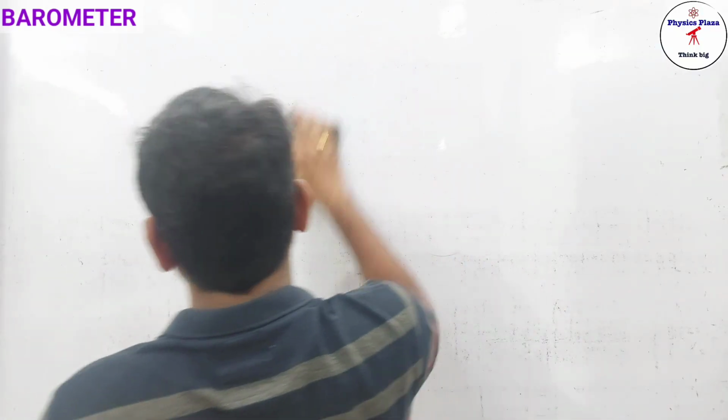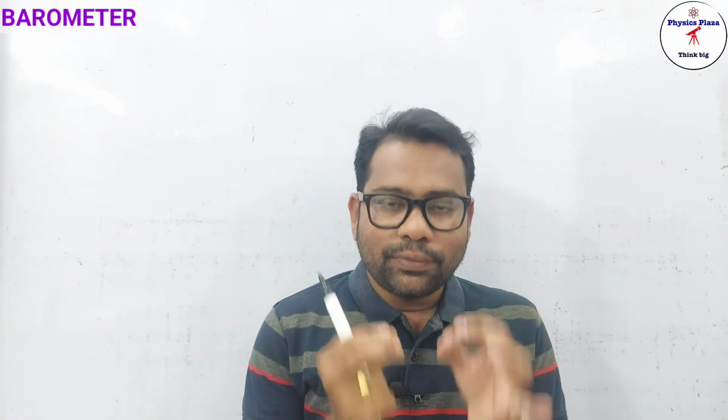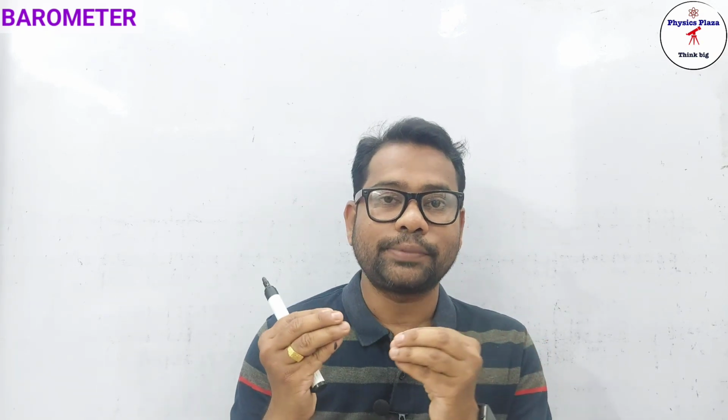Okay, children. Now we will be talking about the barometer. Children, what is a barometer? The device which is used to measure atmospheric pressure is called a barometer. As per the textbook, there are three types of barometers: one is the simple barometer, the next is the Fortin barometer, and the third is the aneroid barometer.